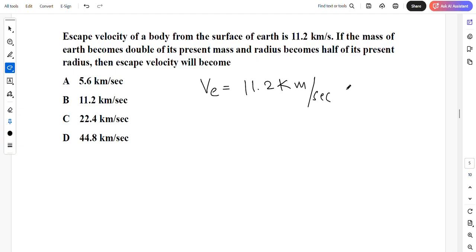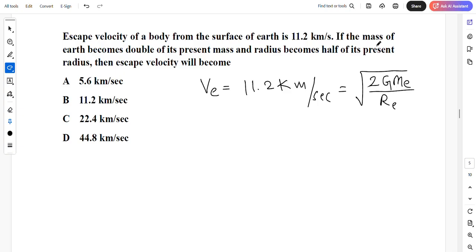What is the formula for escape velocity? That is equal to square root of 2G, and what is G? Universal gravitational constant. G Me by Re.